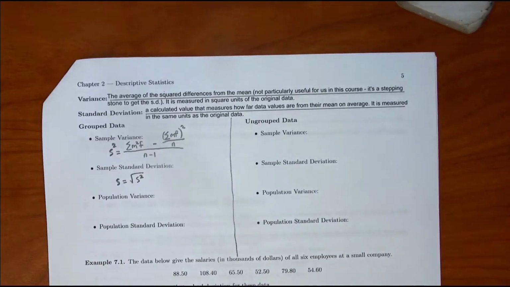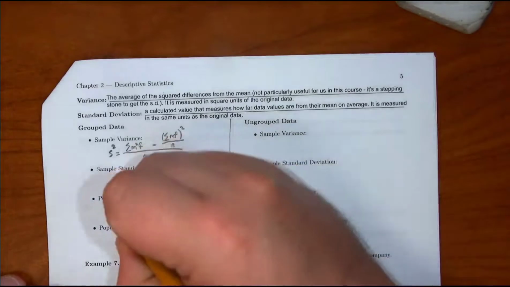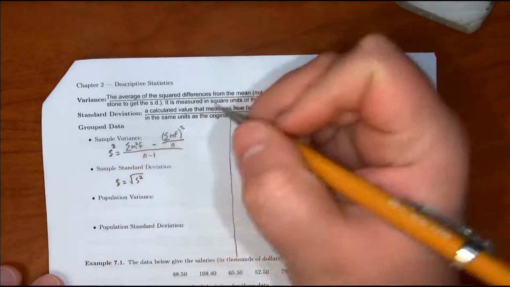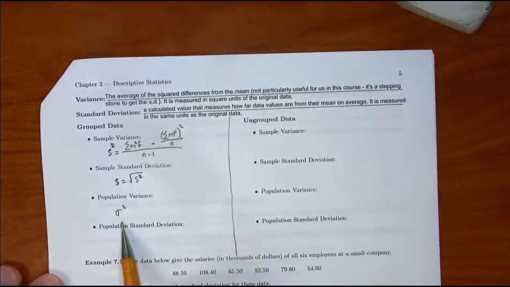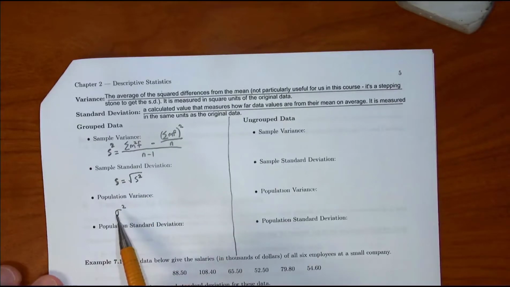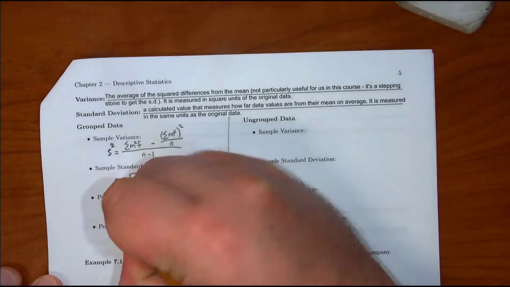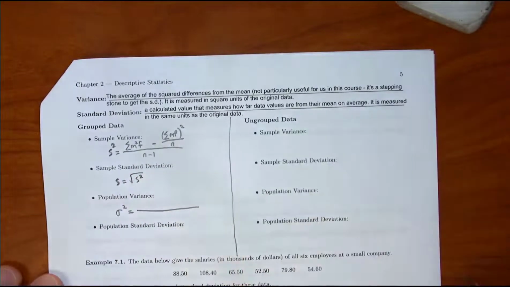Now, population variance has a Greek symbol. Usually your population parameters do have Greek symbols. That's a lowercase sigma. So that is an uppercase sigma. That's a lowercase sigma. So the population variance has the formula sigma squared. It's a big fraction again.